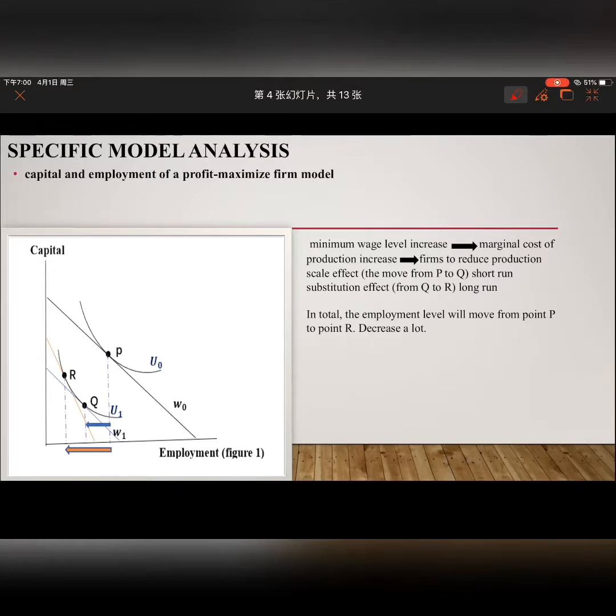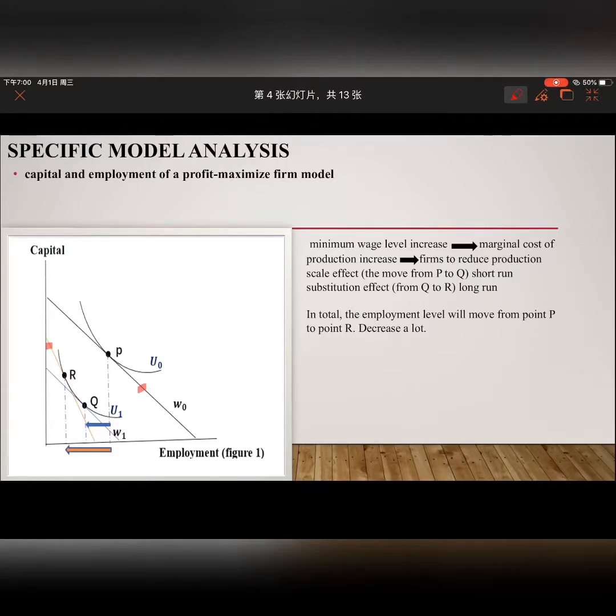With the minimum wage level increase, the marginal cost of production also increases. The budget line will change from this dark curve to the orange line, so the firm will reduce the production. The scale effect is the move from point P to Q in the short run, but in the long run there will be the substitution effect.